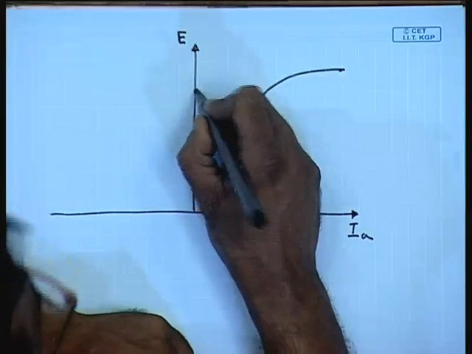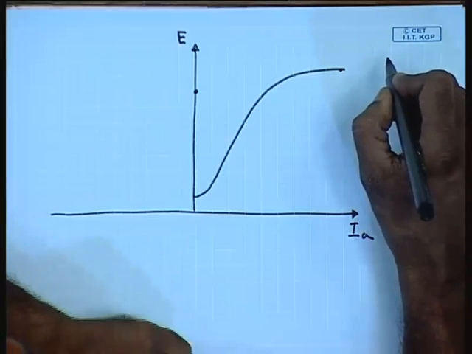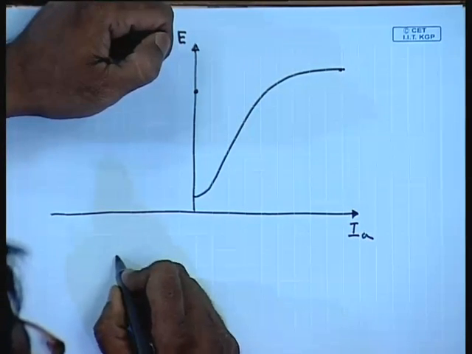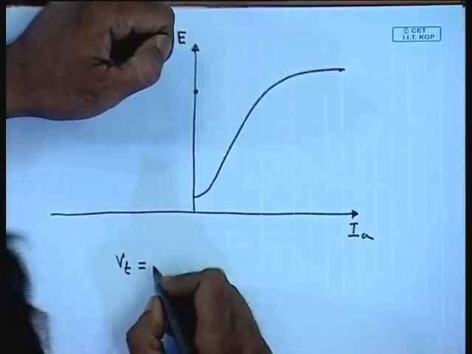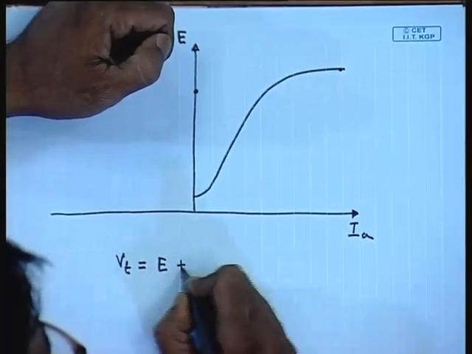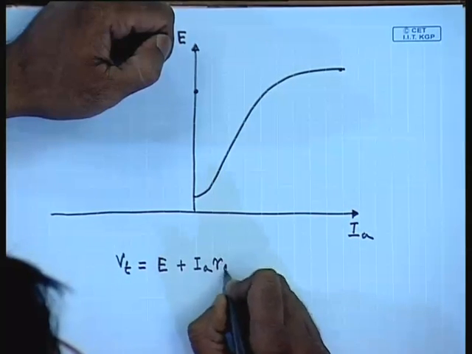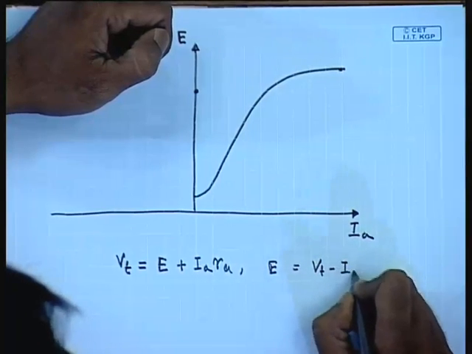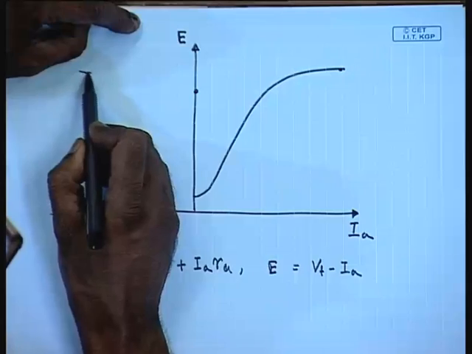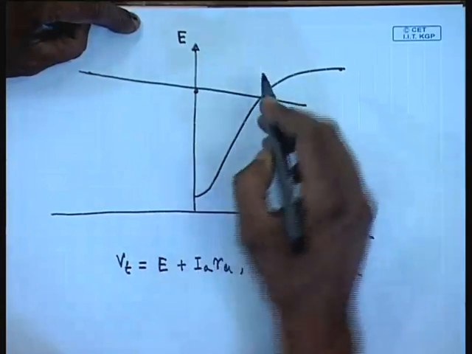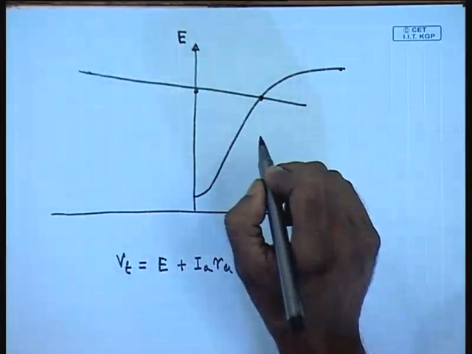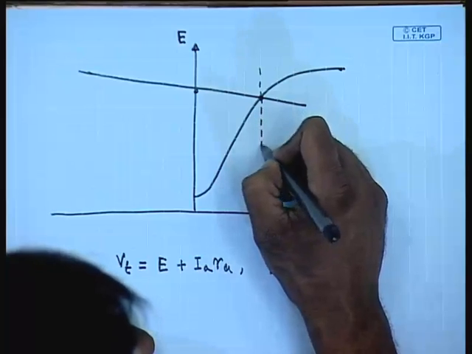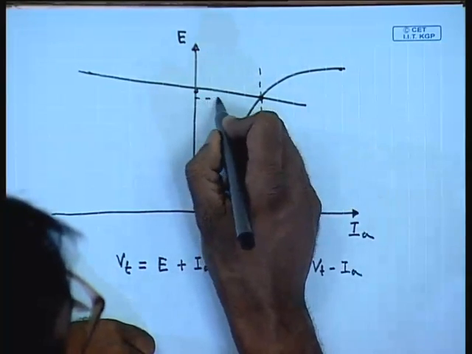When operated as a motor, Vt equal to E plus Ia Ra, or E equal to Vt minus Ia Ra. Therefore, the load line is somewhere here, and this is the point where the machine operates.